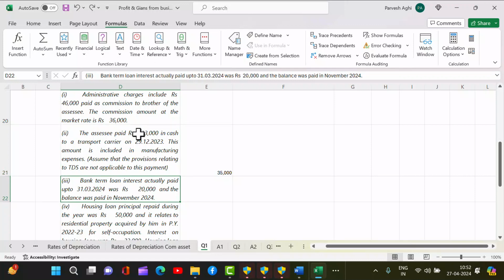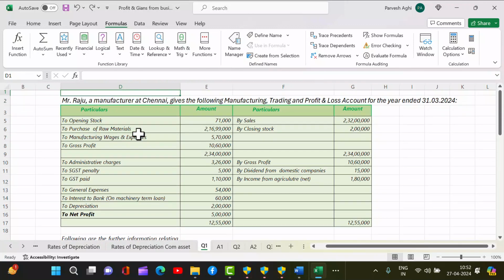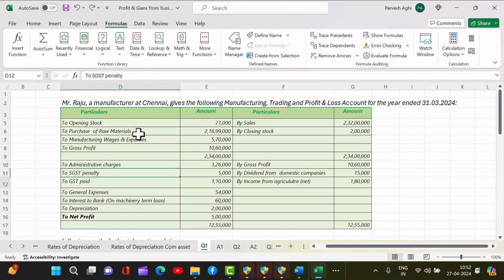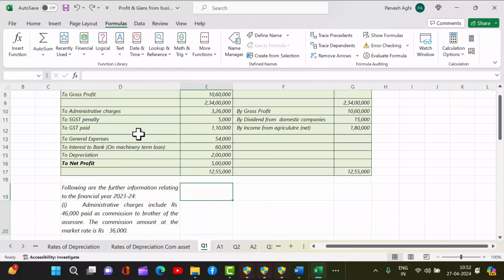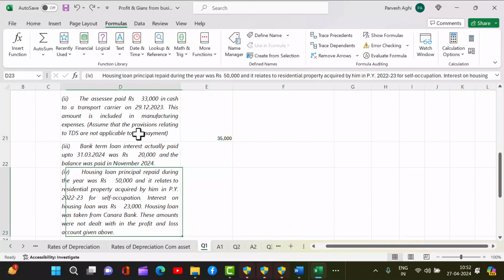Bank term loan interest actually paid up to 31st March 24 was rupees 20,000 and the balance was paid in November 24. So how much bank loan interest has the company incurred? Just check. It is 60,000. How much has he paid in time? 20,000.